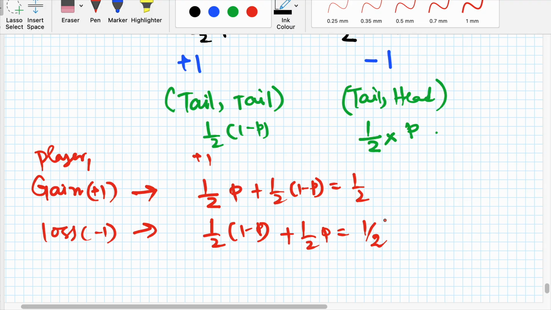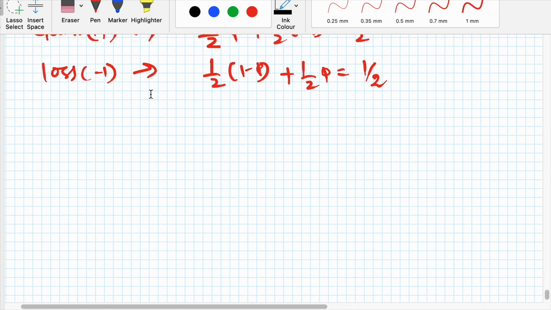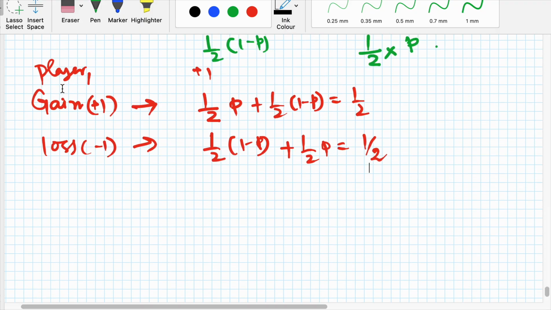Whichever way he randomizes his action, he will see the outcome as a lottery: he gains with probability half and loses with probability half.